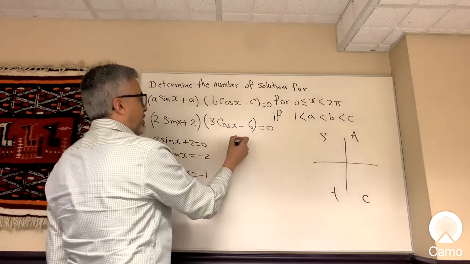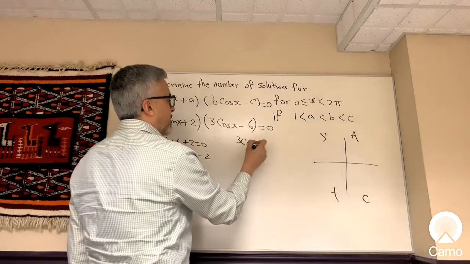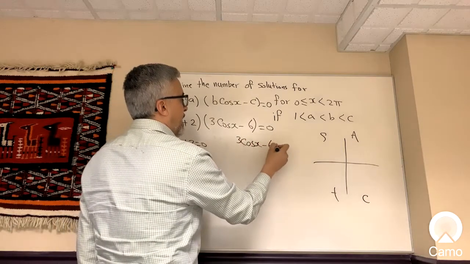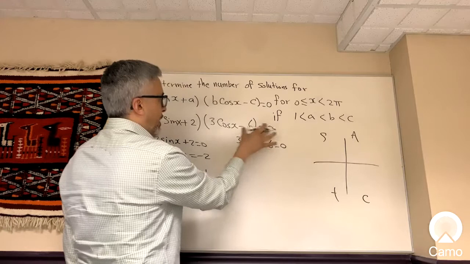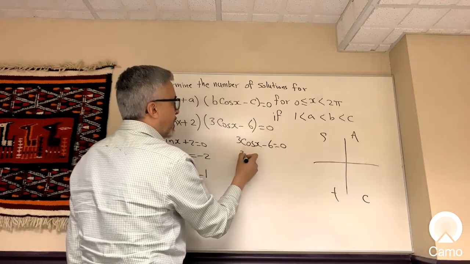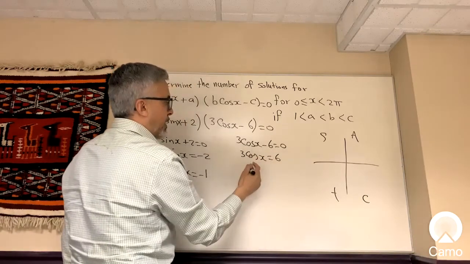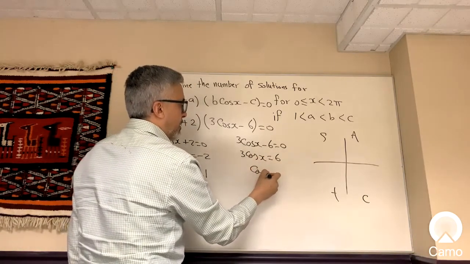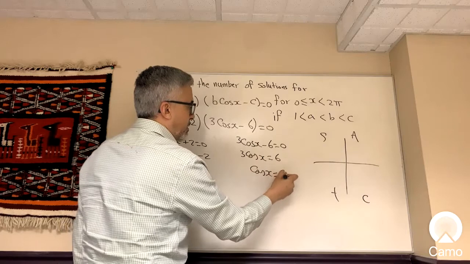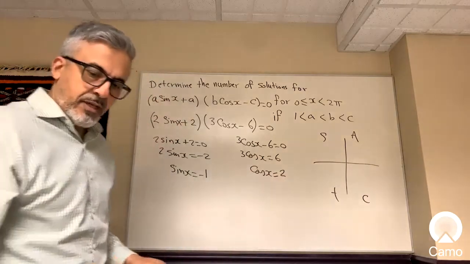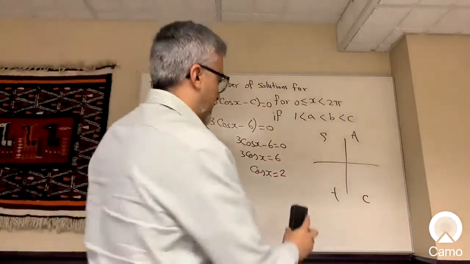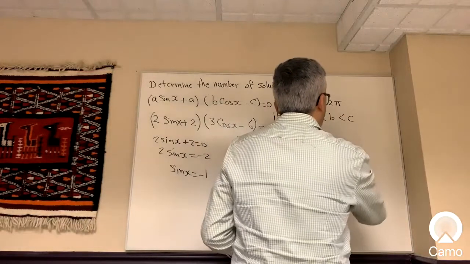Now come here and do the same thing: 3 cos x minus 6 has to equal 0 if you want the whole thing to equal 0. 3 cos x equals 6. Divide both sides by 3, you get cos x equals 2. As a matter of fact, you don't even need this, the All Students Take Calculus. I don't know why you put that there.